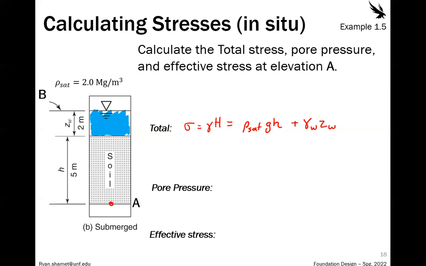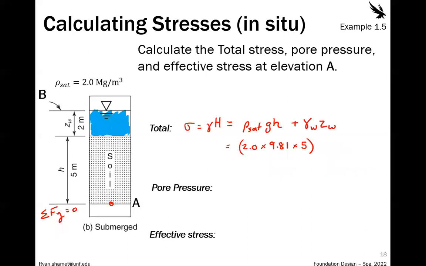Think of it as a free body diagram. What we're seeing at point A, we have the weight of the soil above us, but we also have the weight of that standing water added too. So just as before, for this part, it's going to be 2. I'm not going to include the units this time just to keep it simple.